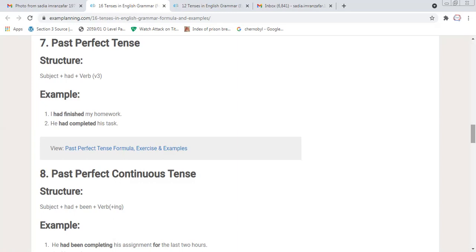Okay, and this is, if I would have done this, I had finished it. If you are using conditional sentences there, if I was or if I were a professional, I had finished my work. So you are using simple past, and in the same sentence, you are going to use perfect tense with conditional. You are right.